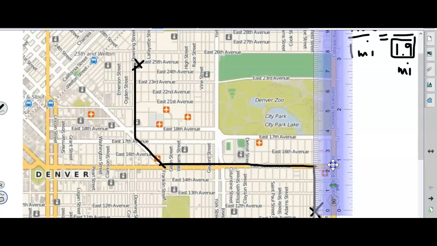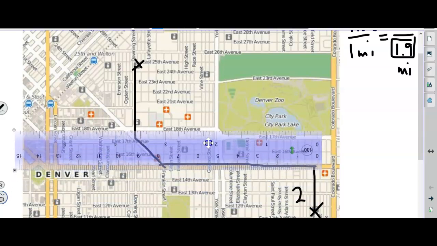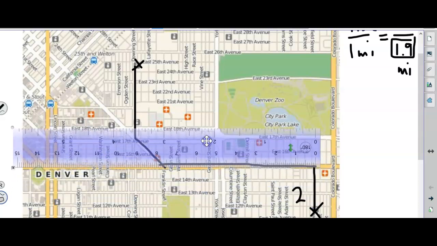So from my house to that street is 2 centimeters. Then we go from the street to the diagonal street.